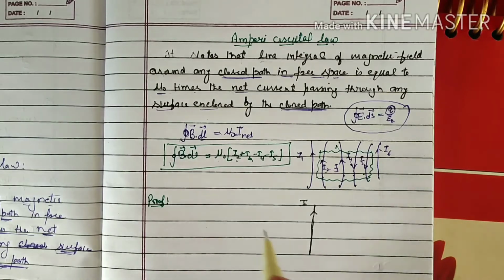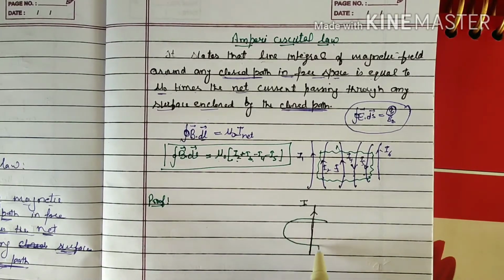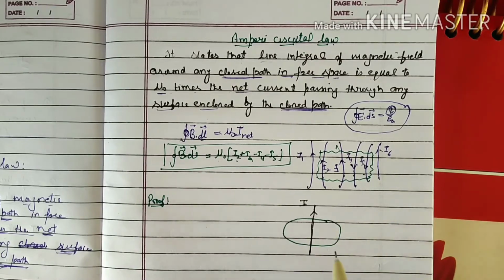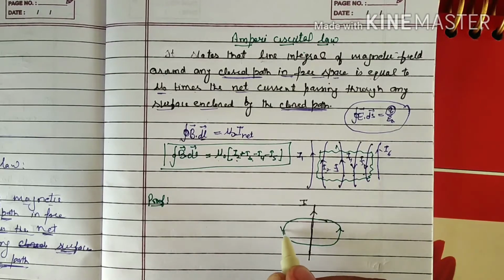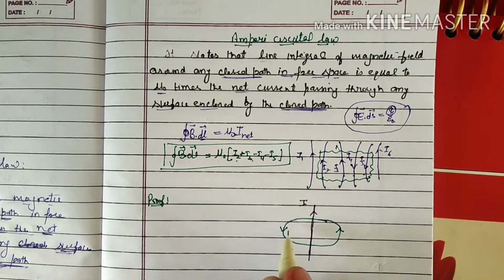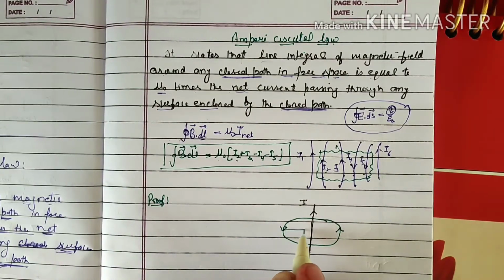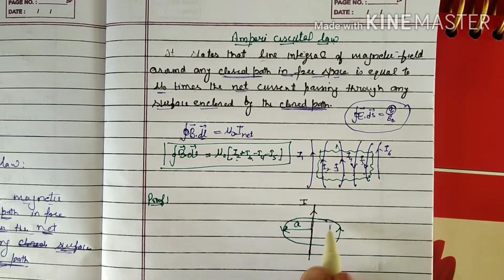Due to this current there is a magnetic field, which is represented by this magnetic field line, and the direction of this magnetic field line is anti-clockwise. Let A be the radius of this closed path.